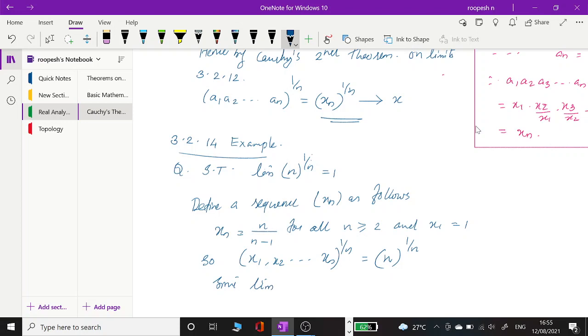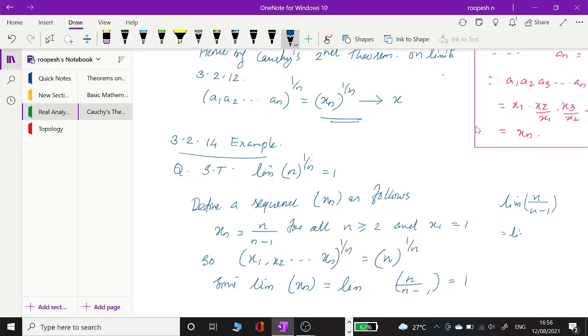Since the limit of xn, that's equal to the limit of n by n minus 1, right? This is equal to 1. This we have seen, right? How have you found this?